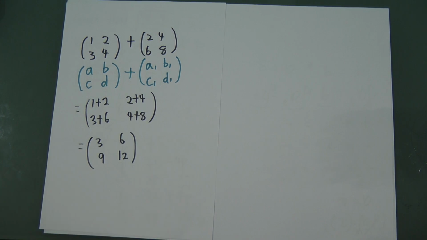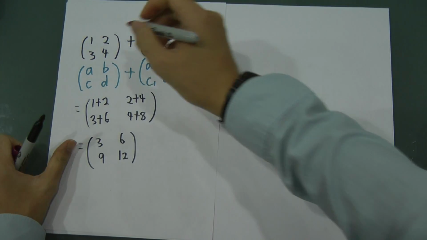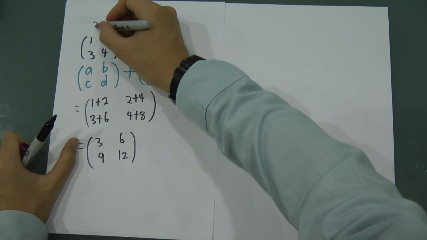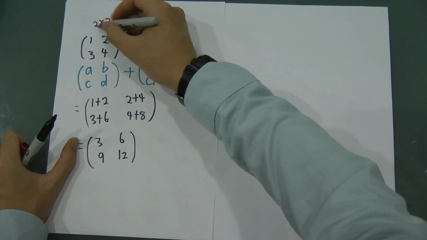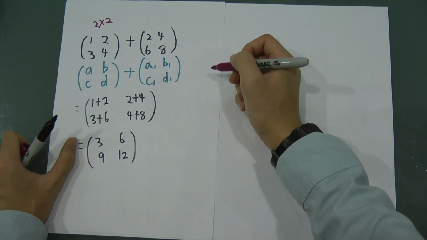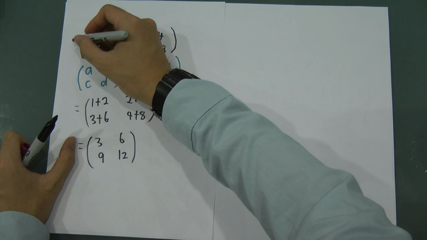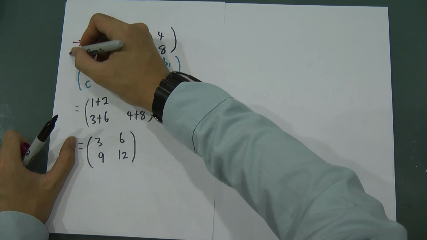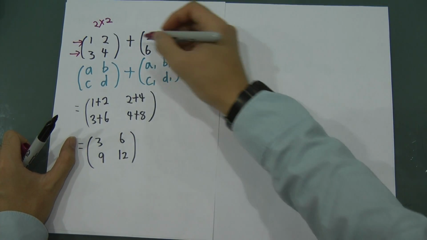One more thing that is very important is you must understand about the order of the matrix. This order we call 2 multiple 2, because we read the matrix row first. This is row, and then only we read column.